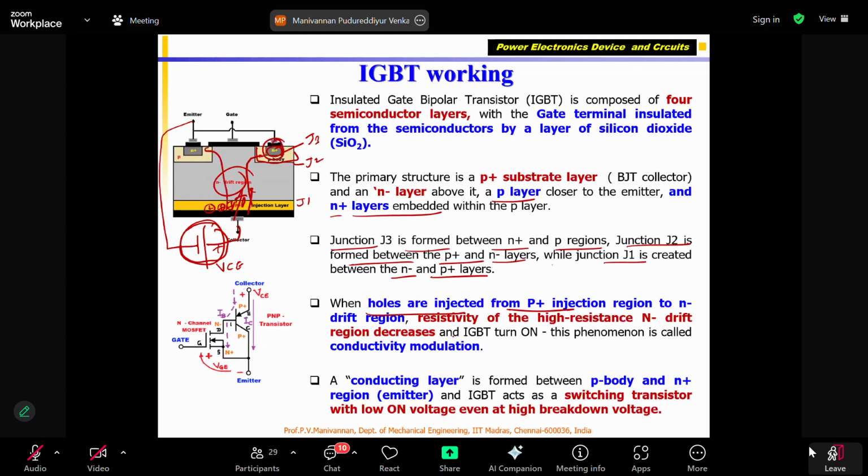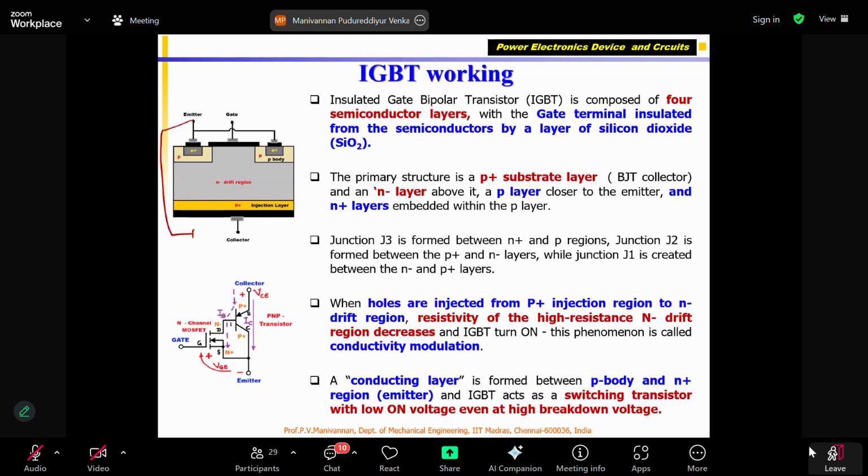Right? Now we'll see that the keywords are very important. When I give the external voltage between the emitter and the collector, VCC, plus and minus, you also have to give the gate voltage. The gate should be positive. This is plus, this is negative, correct? The VGS, then only conduction happens. Why?